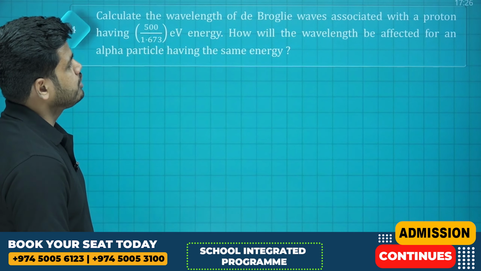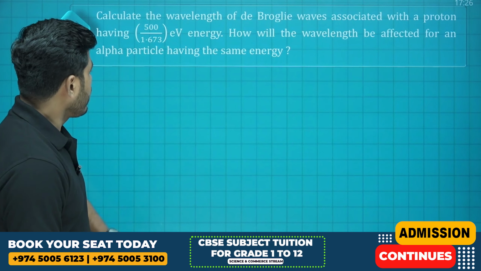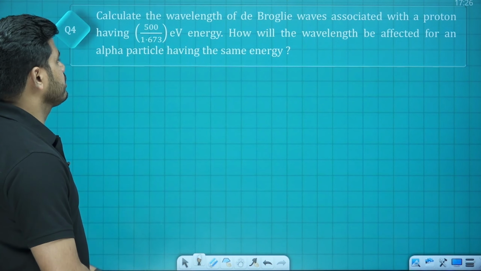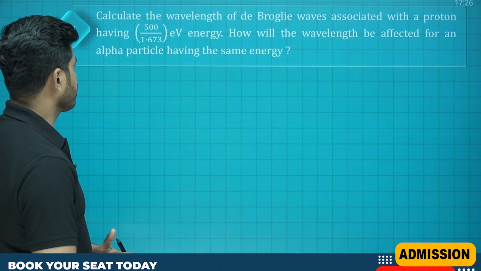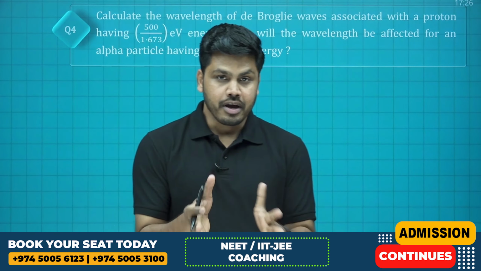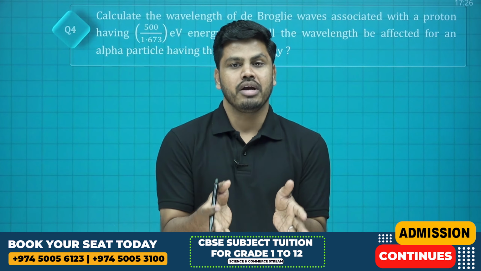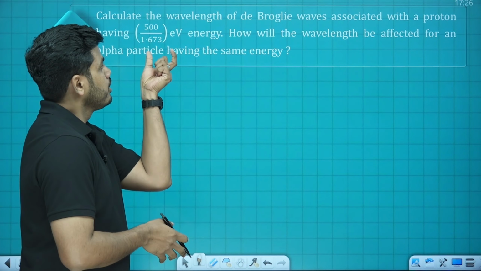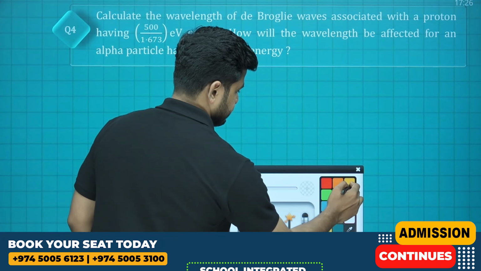Calculate the wavelength of de Broglie waves associated with a proton having 500 by 1.673 electron volt energy. How will the wavelength be affected for an alpha particle having the same energy? See, don't be scared by looking at the values given. They actually helped you by giving these values, which will simplify our calculation and make it easier.